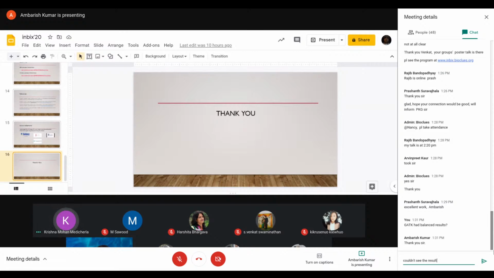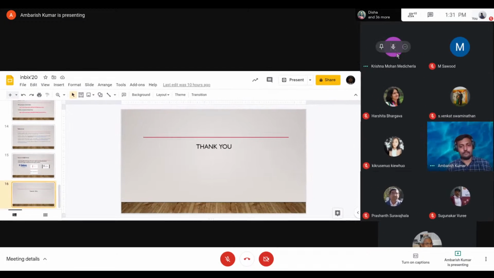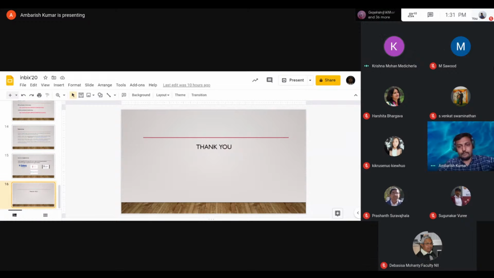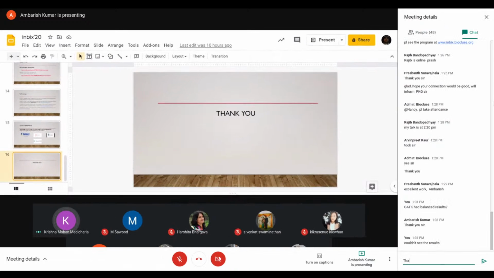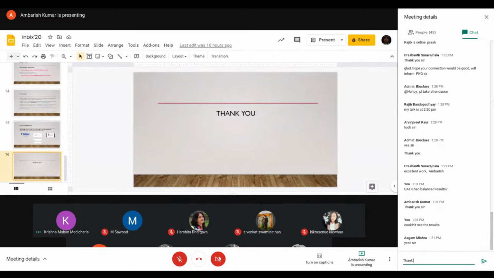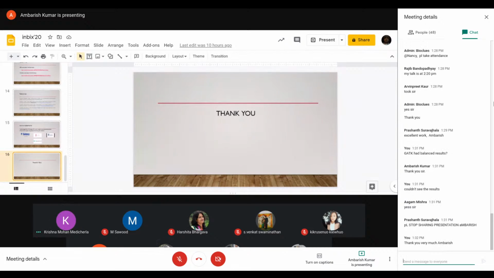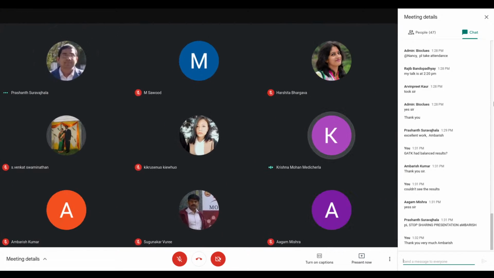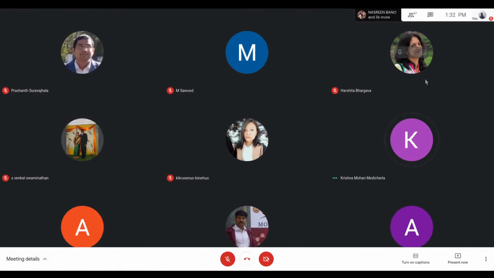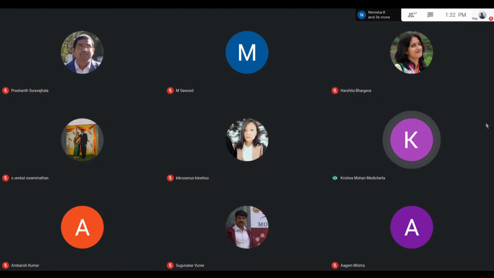May I now invite Mr. Agam Mishra, who will be talking on computational investigations to analyze genes involved in lung cancer associated repair mechanisms. Dr. Agam, is he there? Hello? Is he ready to present?